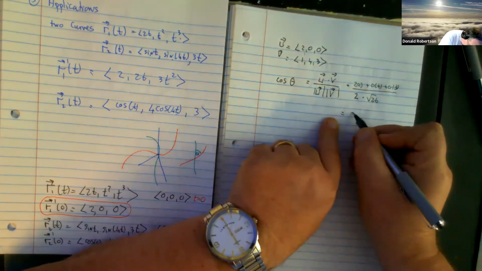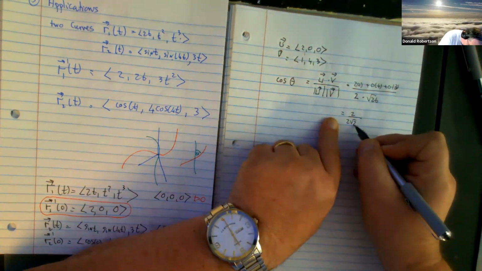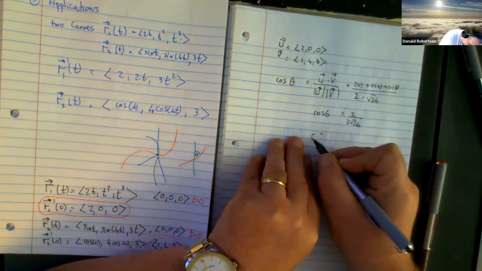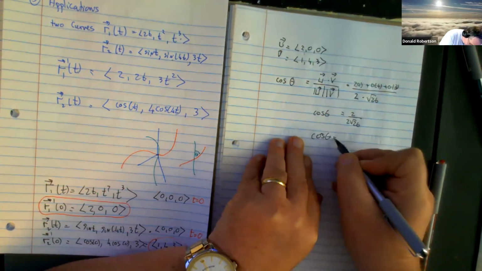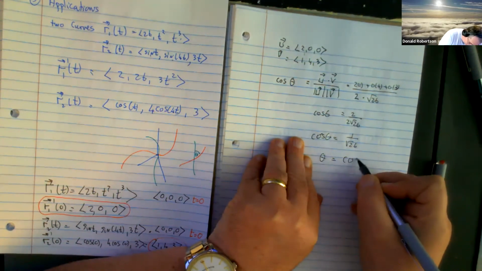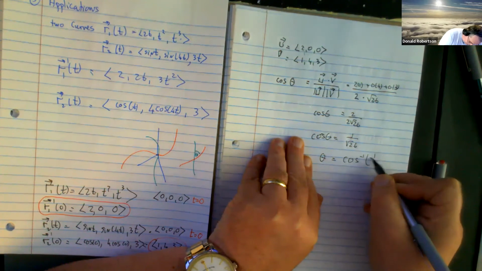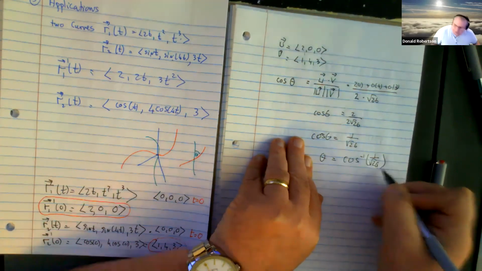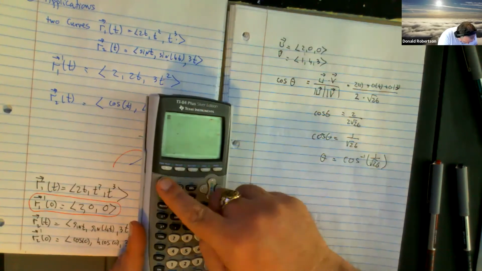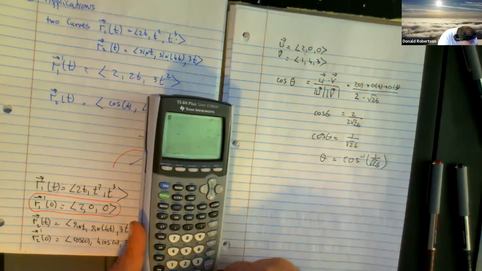So what have we got? 2 over 2 root 26. I guess I could simplify it a little bit, but I'm going to be using the calculator, so it's probably not worthwhile. Don't I just find the inverse cosine?